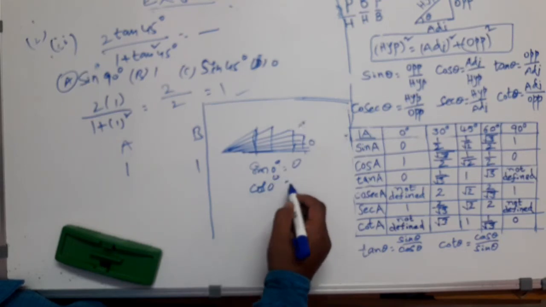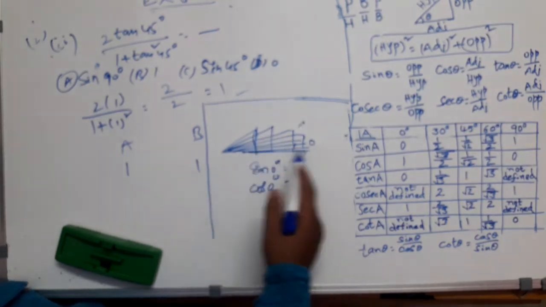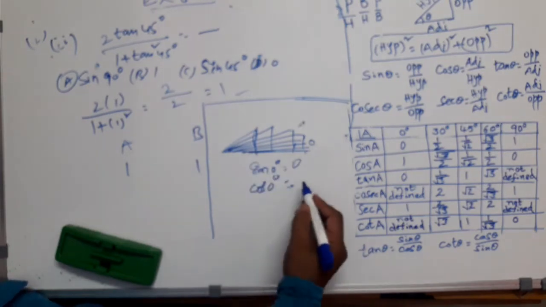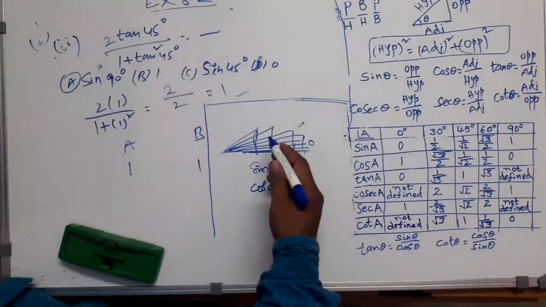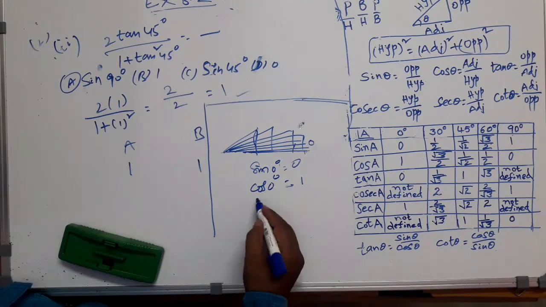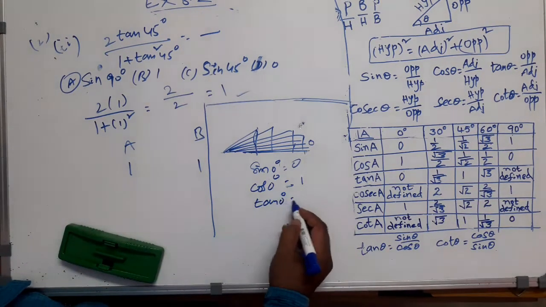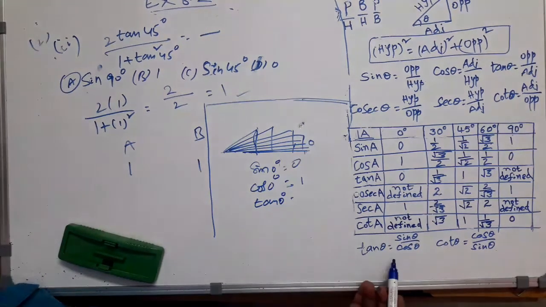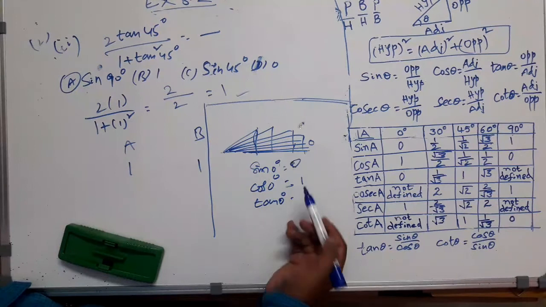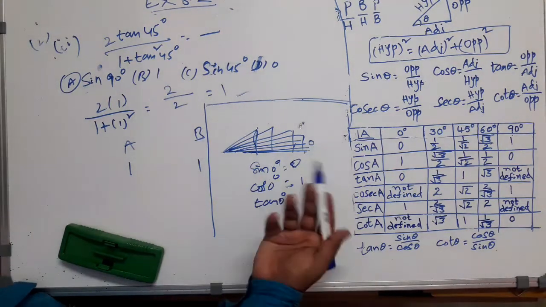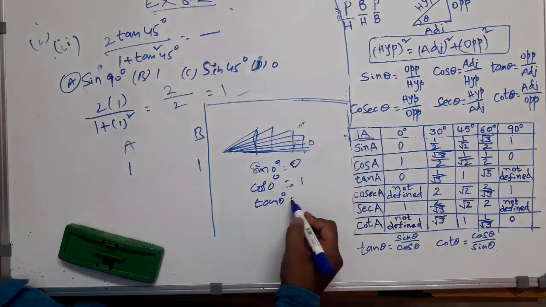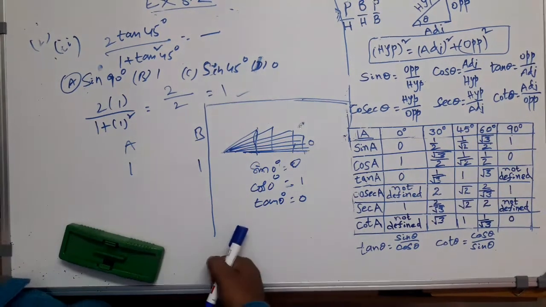However, cos 0 degrees is adjacent side by hypotenuse. The base and hypotenuse are equal now, so because they are equal, the ratio is 1. And tan theta is sine theta by cos theta, that is 0 by 1, or opposite by adjacent. Opposite is 0 by something is 0, so tan 0 degrees is 0, right?